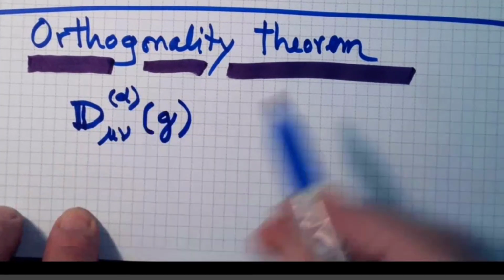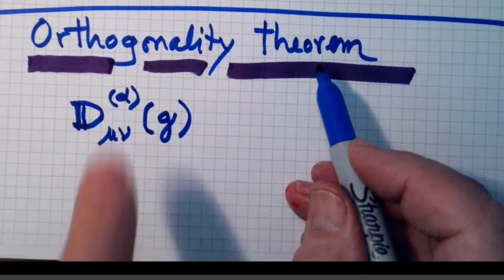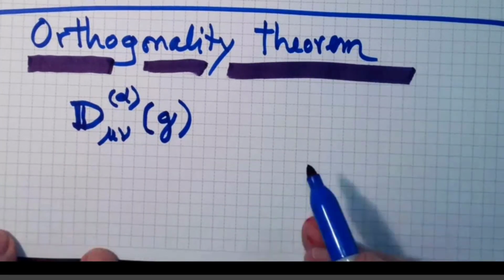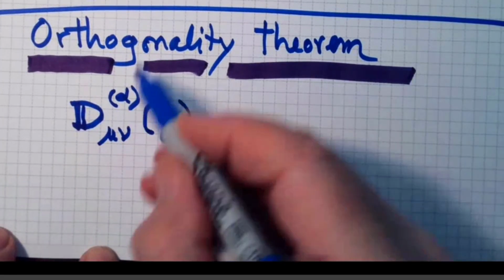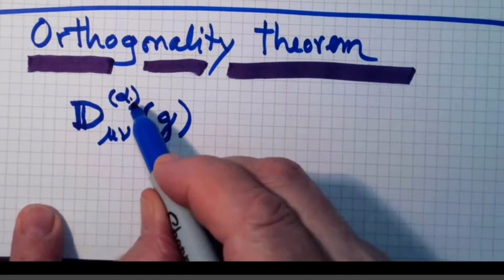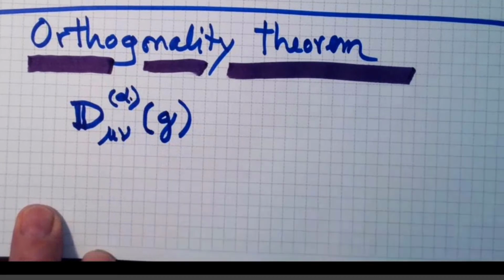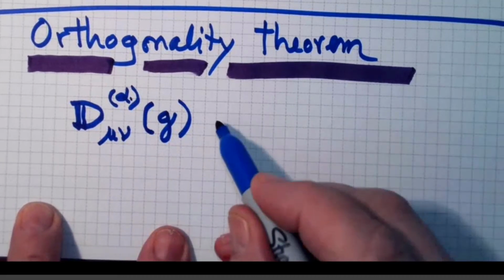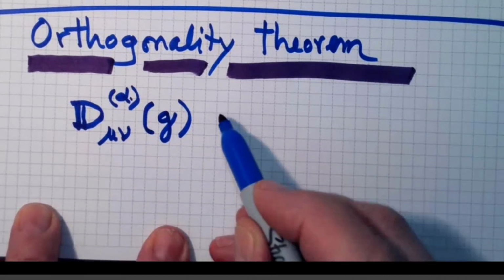The matrix has two indices and they're different representations. So I give them names, 1, 2, 3, 4, or alpha takes values which are names of representations. So this is a label. And these are indices that run over the dimension of the space of the representation.